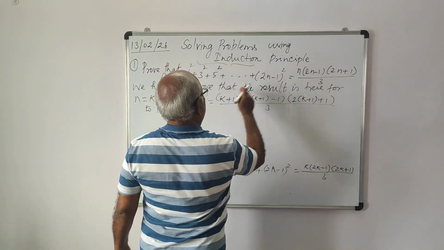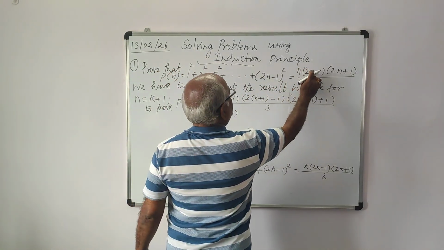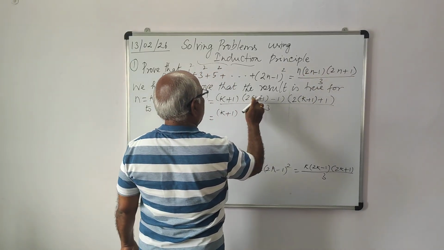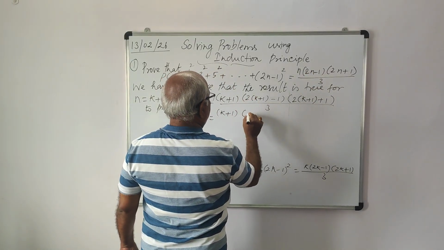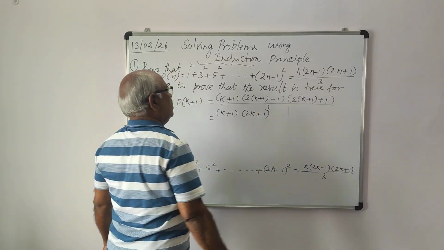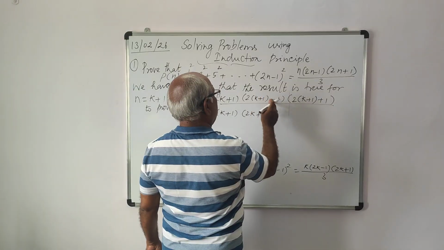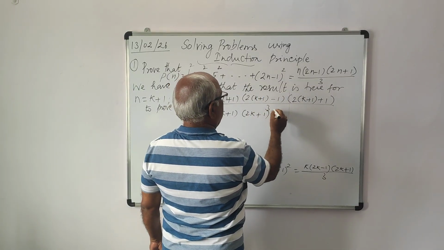Then it is k plus 1 into, n is k plus 1, 2k plus 2 into 1 is 2. That is 2k plus 2 minus 1 is 1, therefore 2k plus 1.